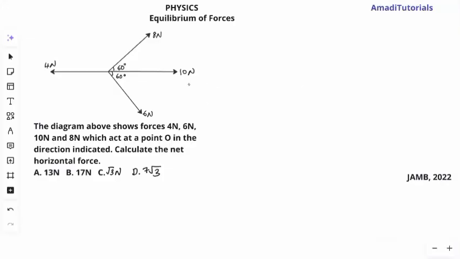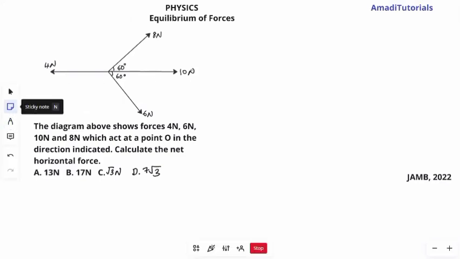Okay, welcome. Let us use this JAMB question to understand the concept of equilibrium forces, or resolution of forces, or resolution of vector quantities.